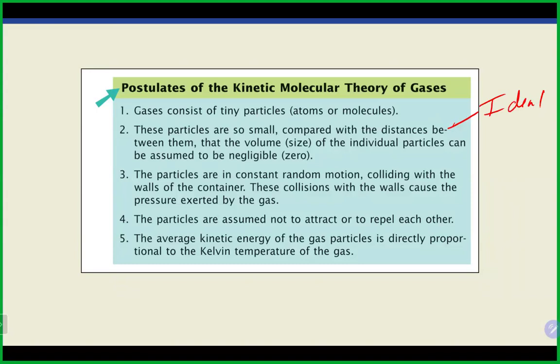The particles are in constant random motion, hitting the container, and the collisions are what cause the pressure we associate with it. The particles are assumed not to be attracted or repelled by one another. That is, again, the other thing we talked about that basically makes something an ideal gas. And lastly, the energy associated with what's going on does affect the gas molecules.